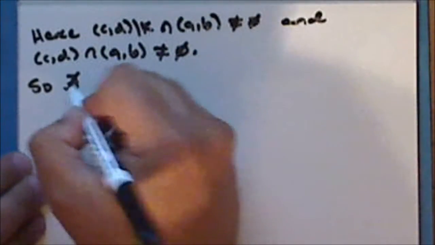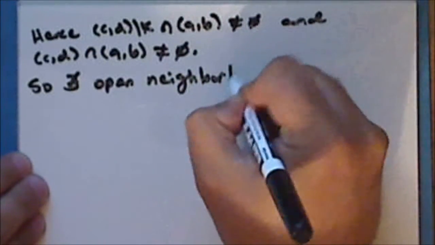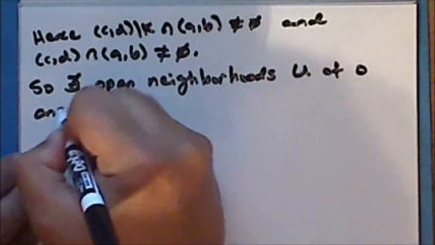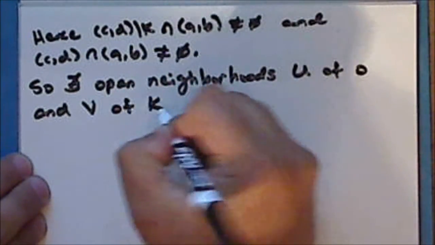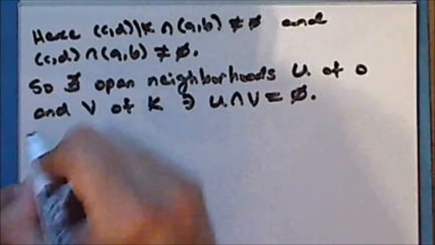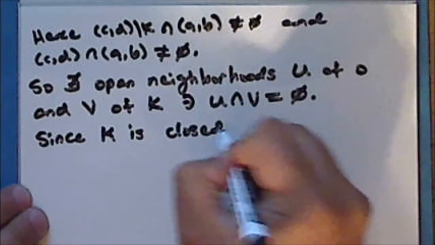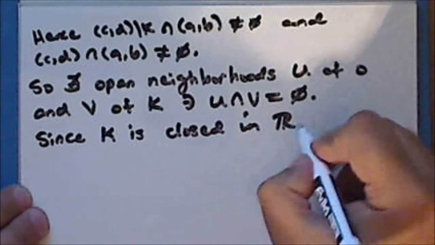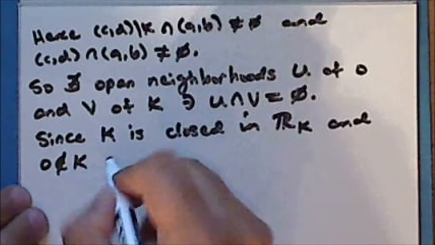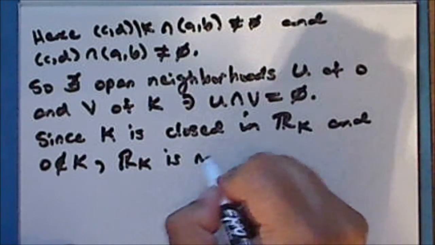And so there do not exist open neighborhoods U of the point 0 and V of the set K such that the intersection of U and V is empty. And since the set K is closed in the space of reals with the K topology, and the number 0 is not contained in the set K, the space of reals with the K topology is not regular.